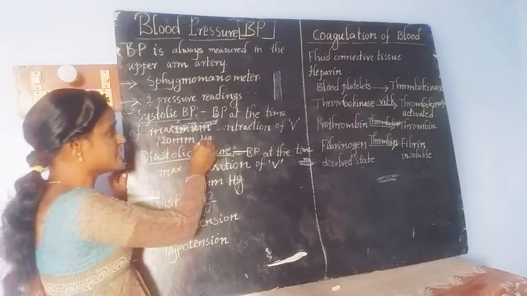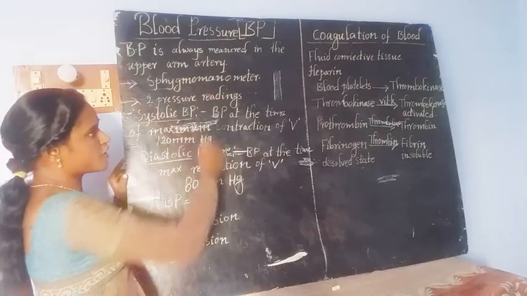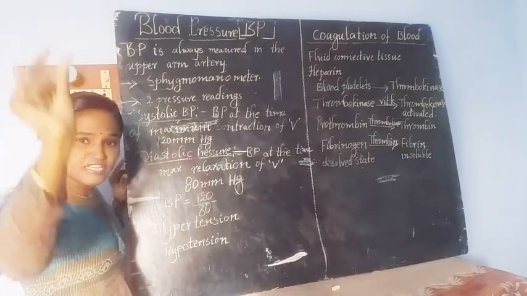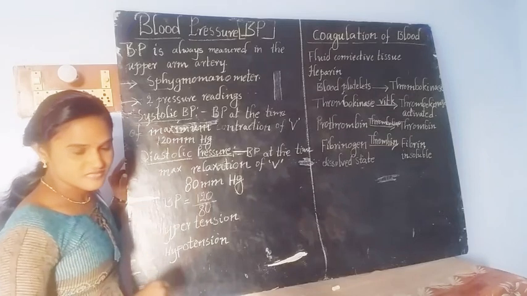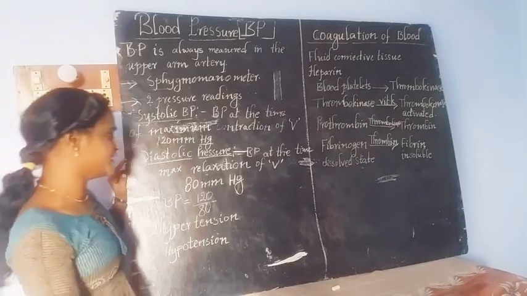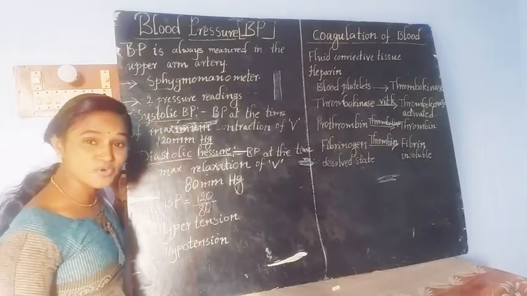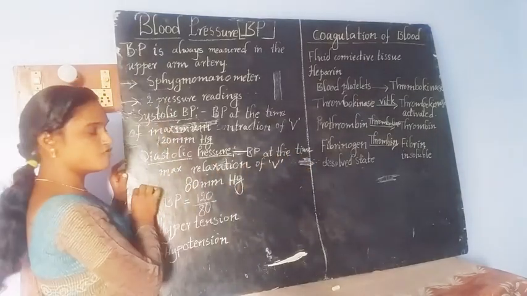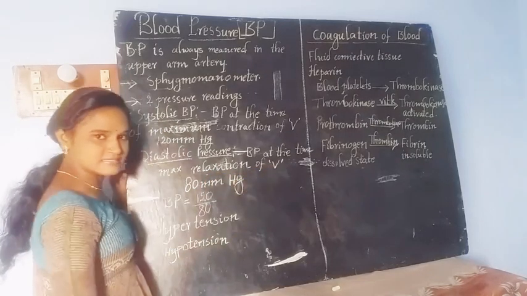Here Hg means mercury. The device we use, the sphygmomanometer, contains a stand. In that stand, the mercury shows the BP. That's why we mention Hg. The second reading is called diastolic pressure, the BP at the time of maximum relaxation of ventricles.